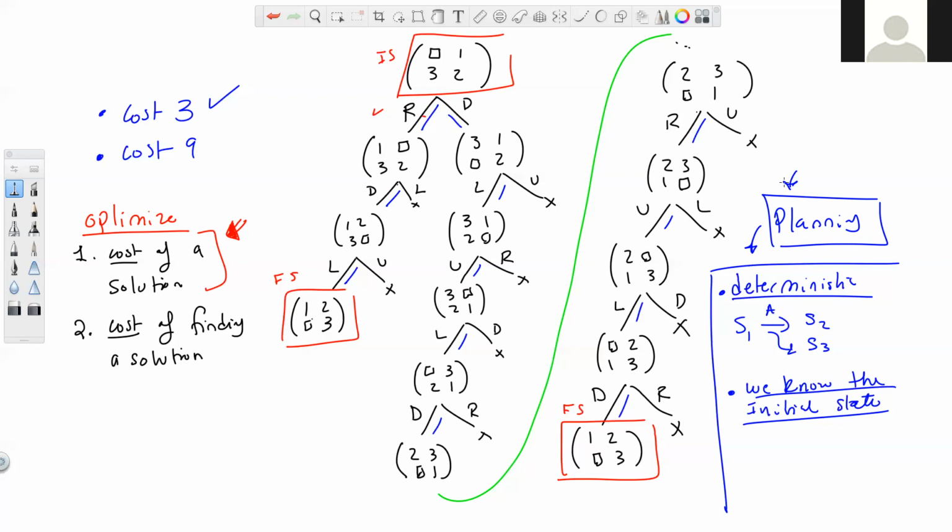Even with something like the 8 puzzle we looked at, people tried to do bigger things, like the 15 puzzle and the 24 puzzle. This is basically a 5x5 board, and this is a 4x4 board.